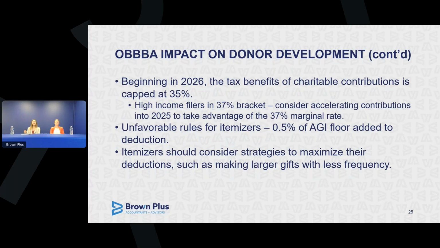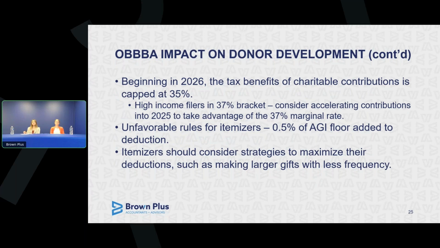Some negative items: beginning in 2026, the tax benefit of charitable contributions is capped at 35%. So for your very high income filers in the 37% bracket, I forget exactly what the threshold is, maybe $600,000 plus of income each year, they could get this 2% trim on the benefit that they're able to receive starting in 2026.